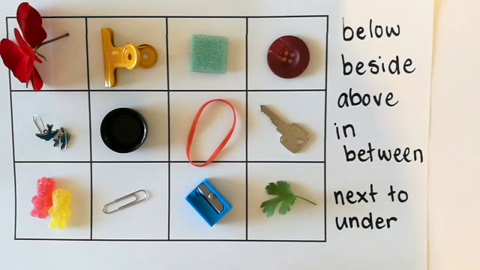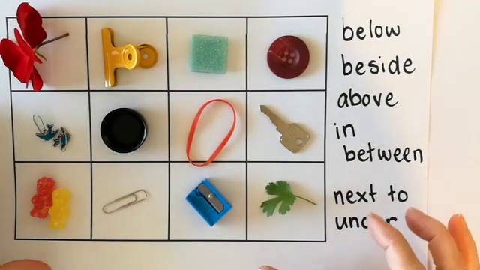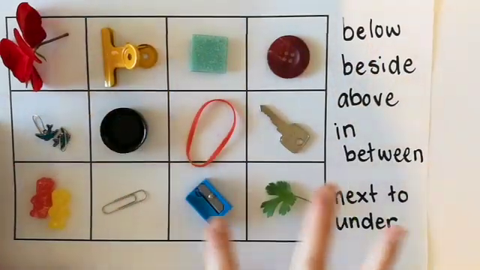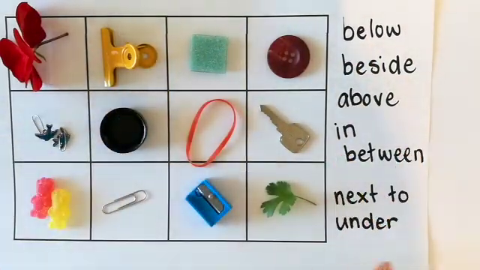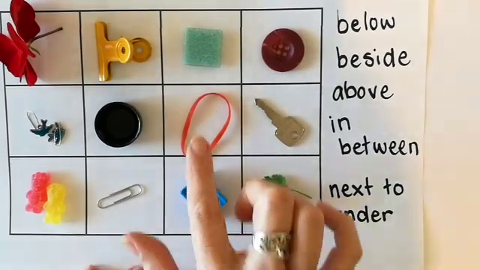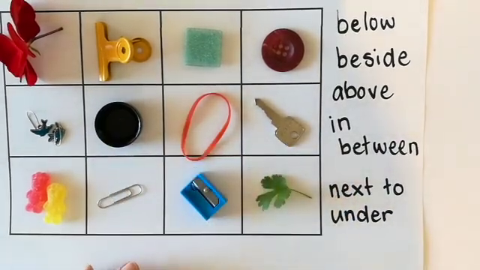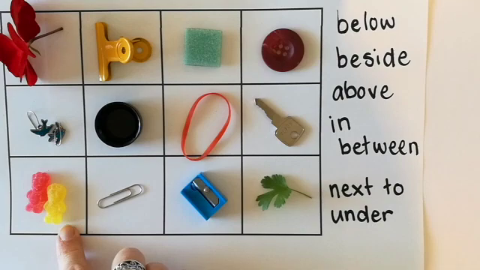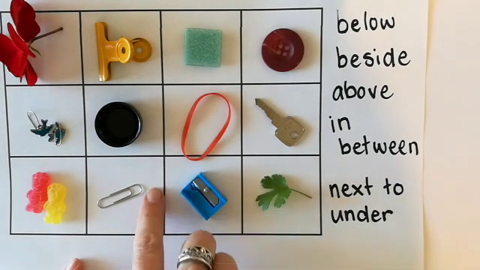So what I'd like you to do now is an activity that involves just this, where you have a picture of items and they ask you to describe where those items are in relation to something else. So they might ask you, the lollies are, and then they'll leave a gap, the paper clip.